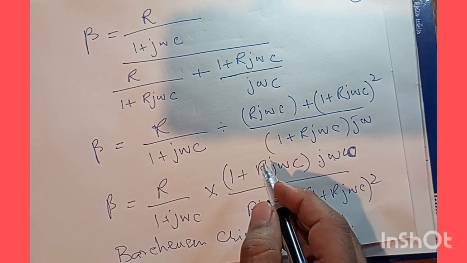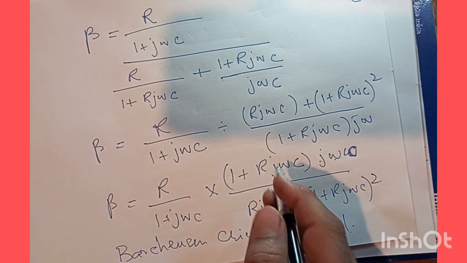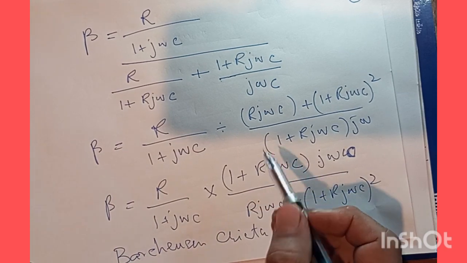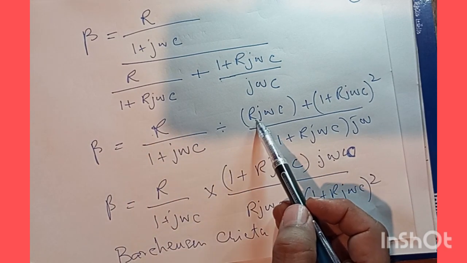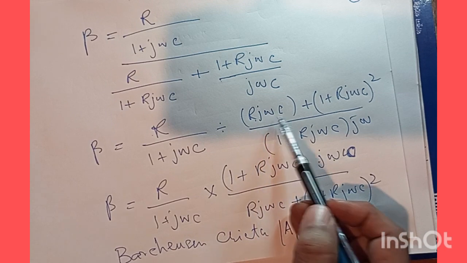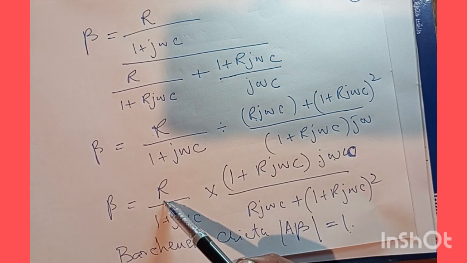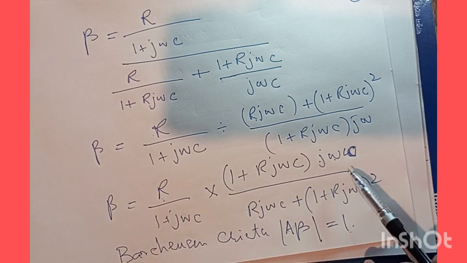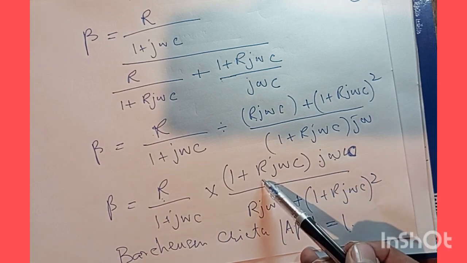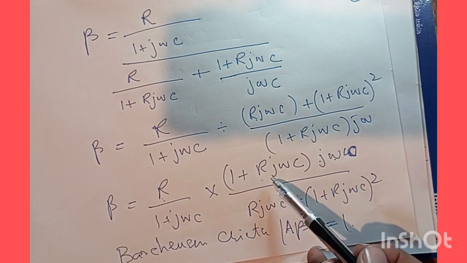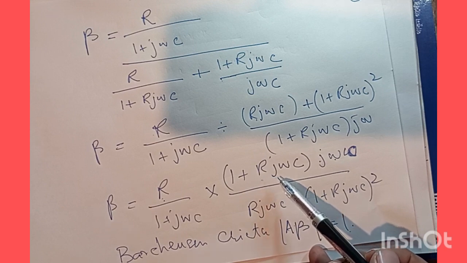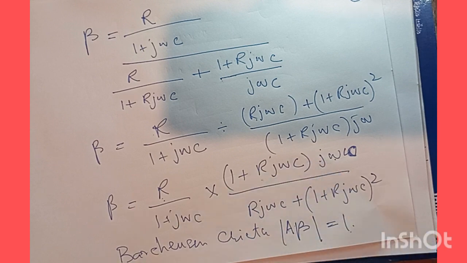And what's going to happen from here is R J omega. What is this? Okay, this is R J. Where from this R has come? This is 1 plus R J omega C. Where is it going? Where from this R is coming?